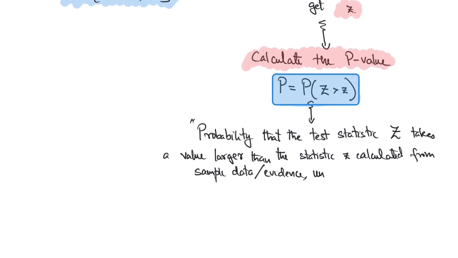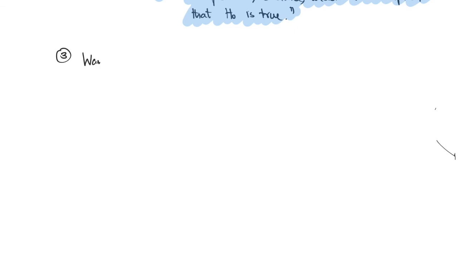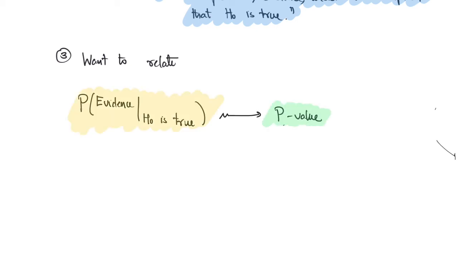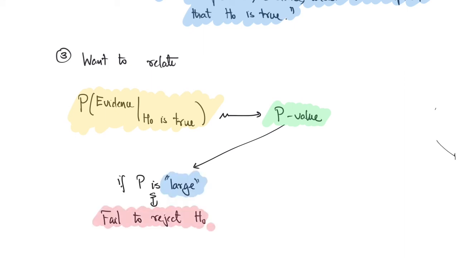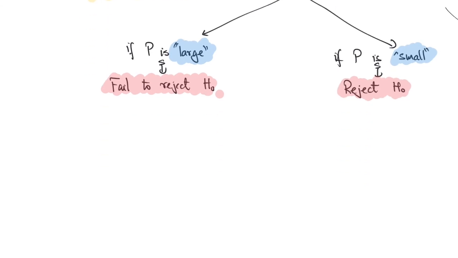We're going to talk a lot more about the p-value in later videos, but for now, we want to move to step 3 of our program. That is, we want to relate the probability of evidence given the null hypothesis being true to the p-value. So if the p-value is large, we would want to fail to reject the null hypothesis. And if the p-value is small, we would want to reject the null hypothesis.